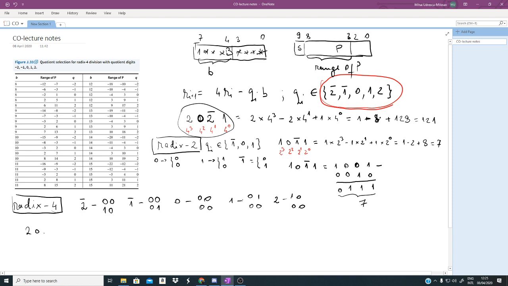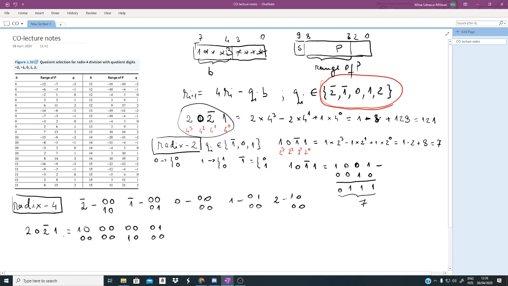So 2, 0, minus 2, 1 is: 1 0 upstairs, 0 0 downstairs; 0 0 upstairs, 0 0 downstairs; for minus 2, 0 0 upstairs, 1 0 downstairs; and for 1, 0 1 upstairs, 0 0 downstairs.